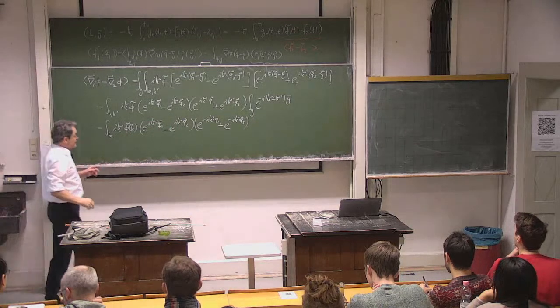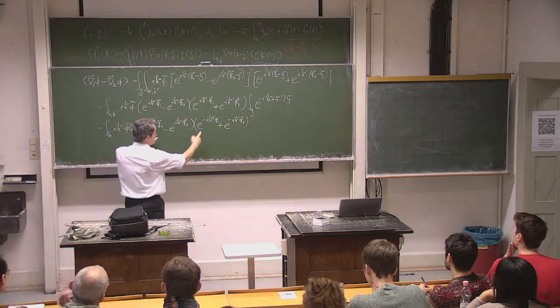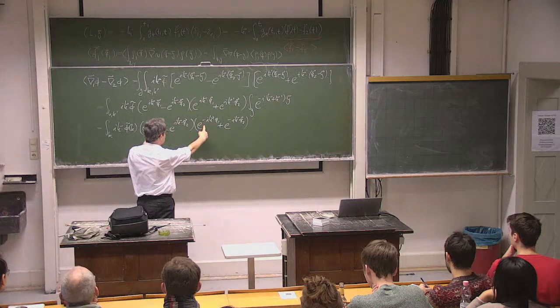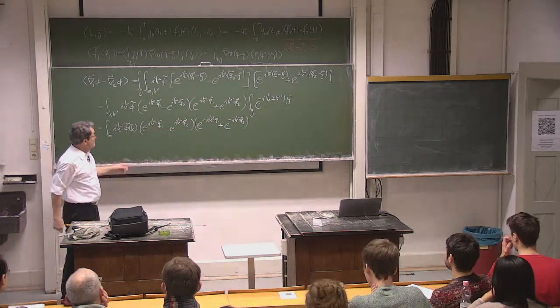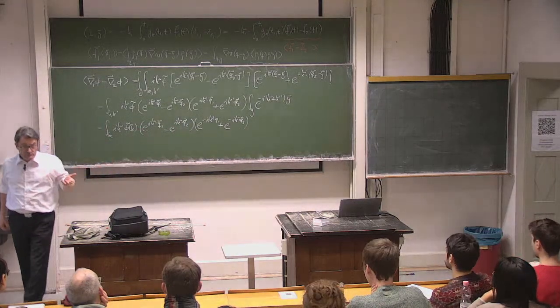Okay, and now you can play games, of course. This one and that one together give plus 1. This one and that one together give minus 1. And all the cross terms look alike.